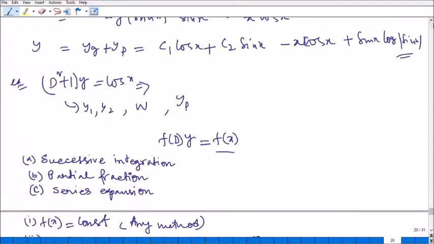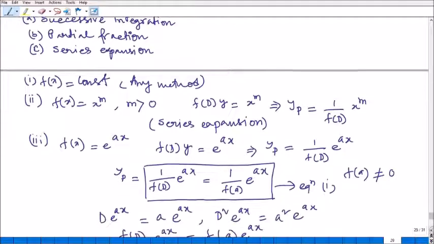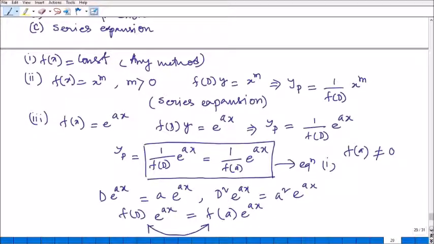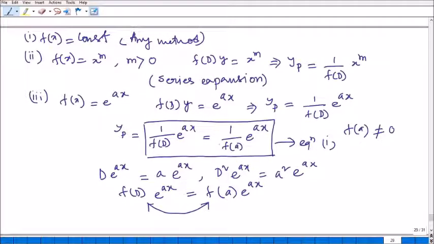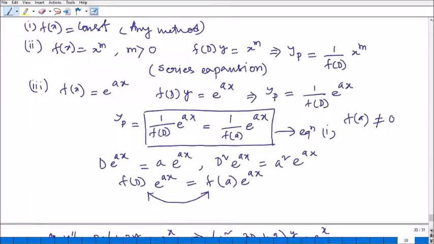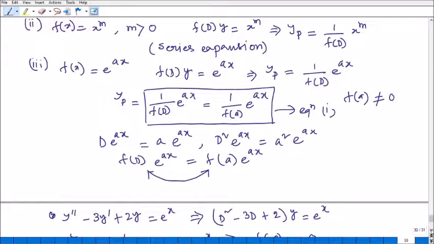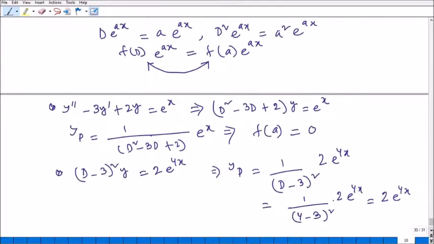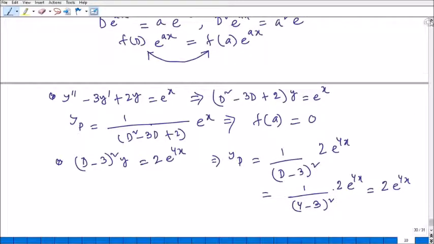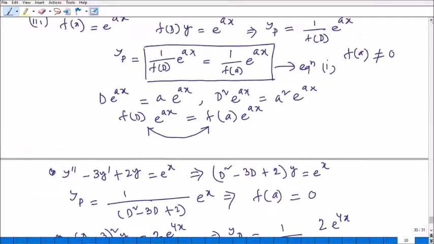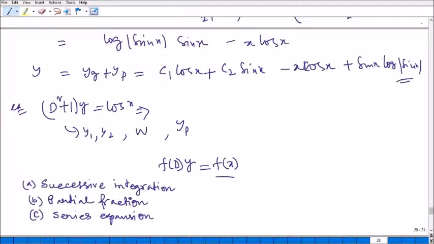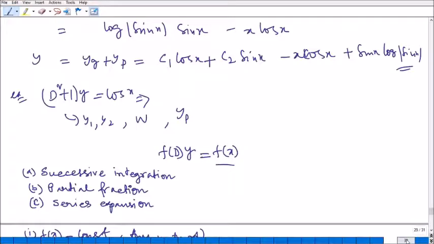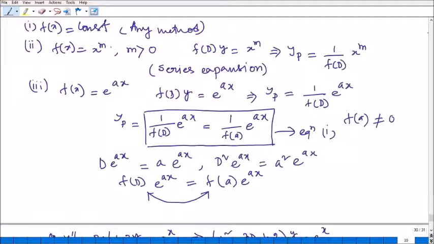Now let us see another type of the function f of x. So for an exponential function, if f of a is not equal to 0, then we can apply this formula to find the particular solution of the non-homogeneous differential equation. So far we have discussed functions which are a single function of x, that is, either a constant or x to the power m or e to the power ax.